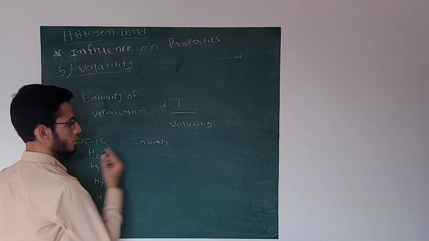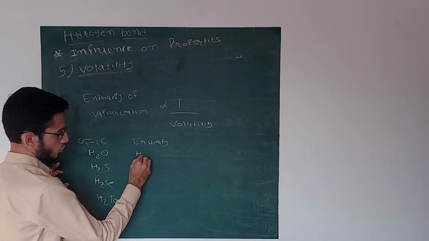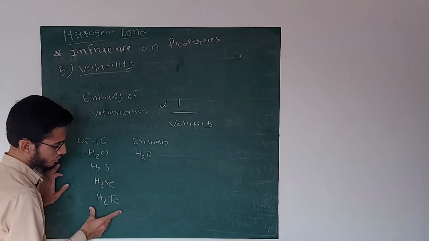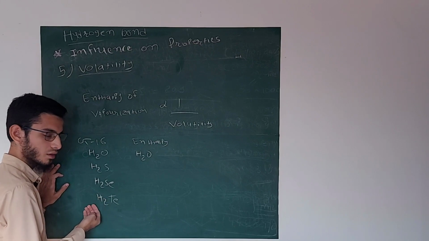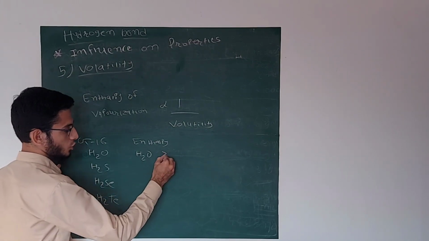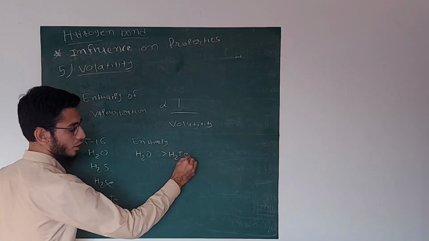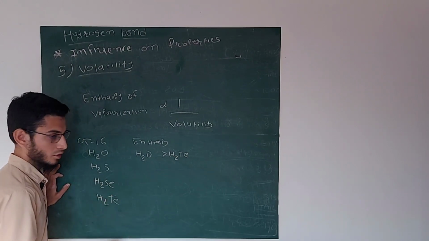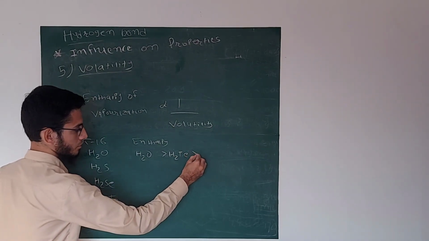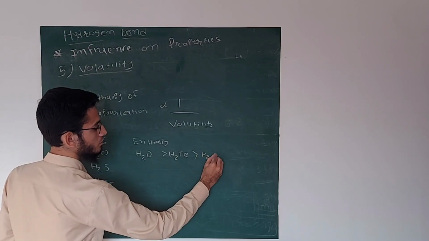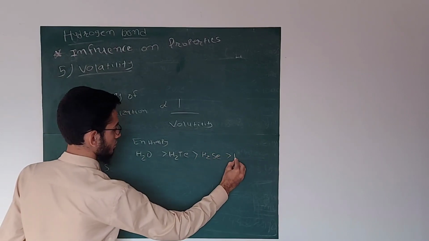First is H2O, due to the hydrogen bonding. Then for tellurium, because the number of electrons is higher, the van der Waals force is also higher, so H2Te is next. Then H2Se. Then H2S.